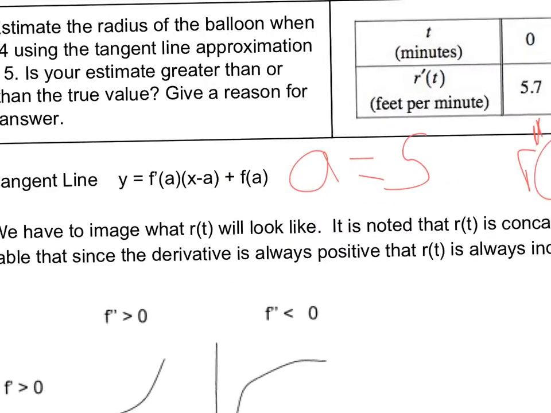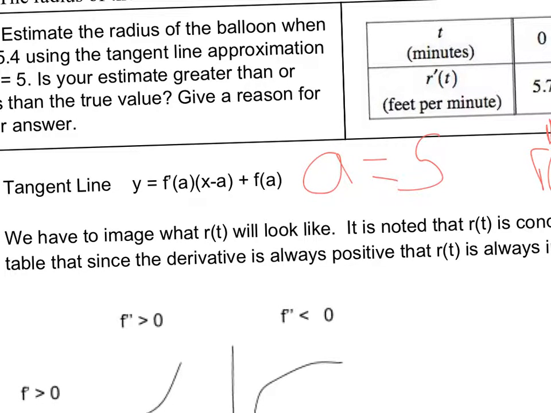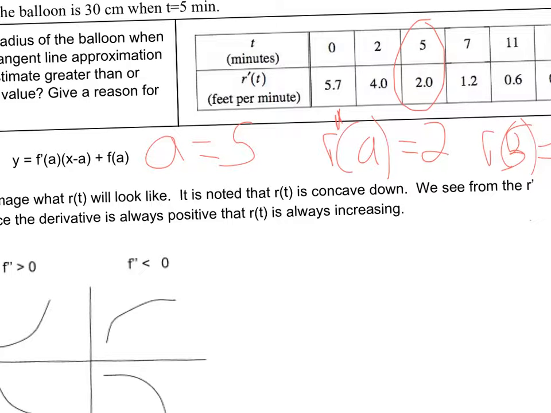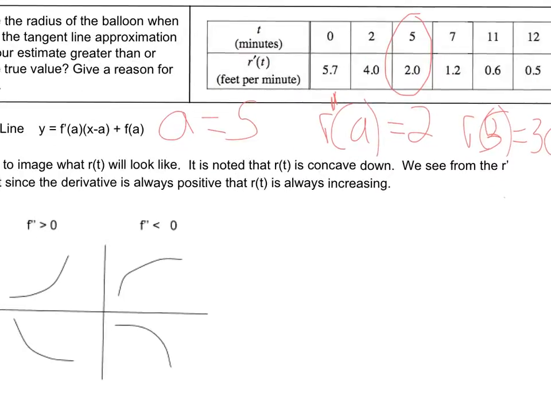We need f prime of a, and we need a, and we need f at a. So I think we've got that done. There's our a value of 5, r prime at a, which is r prime at 5. That's given as 2 in the table. And right in the question, it gives us that r at 5 is 30.